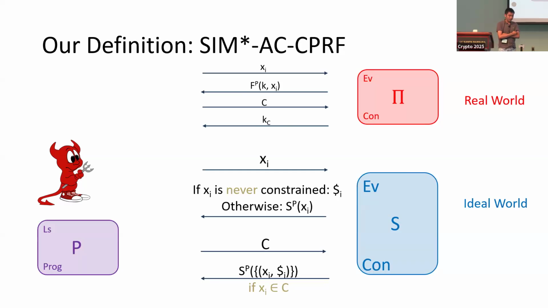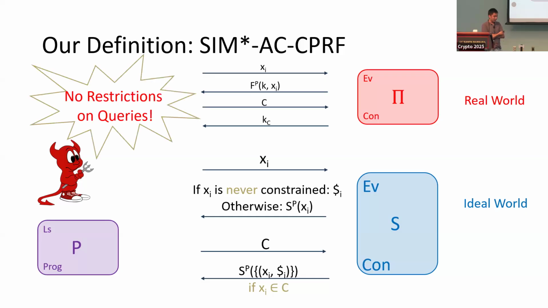Our definition for CMAC is similar. In the ideal world, when X is never constrained, the evaluation query will simply return a random value. Otherwise, the simulator will be told the value of X and then return a value. For the constraint query, the simulator will be told the input and output pairs that are inside this constraint set C, and also the constraint set C itself.